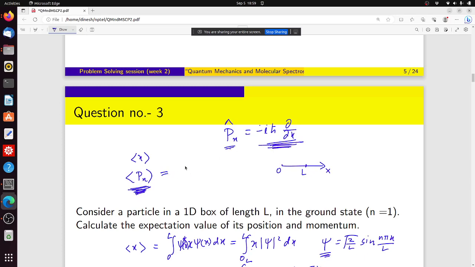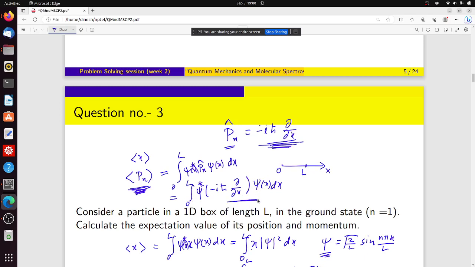So what do we have to do? We have to calculate this integration, psi star px psi, dx from 0 to L. So you have to just calculate psi star times minus i h cross del over del x, which will operate on this psi of x, from 0 to L. Okay, so it's pretty simple.